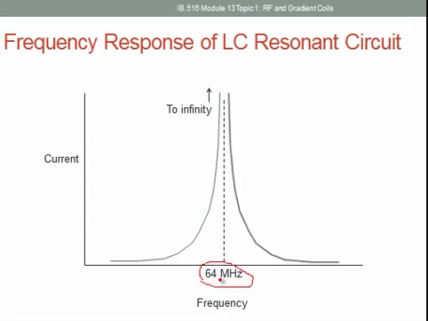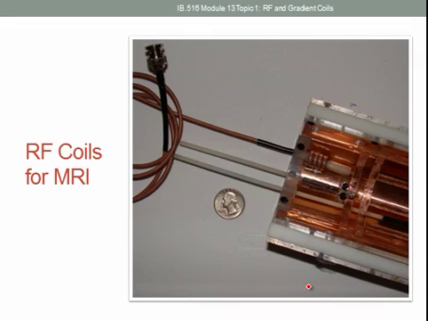So let's say that's our resonance frequency. Then the current, as a function of frequency, would take on this value. Right at resonance, we'd be at infinity, and above it, we would go down. So this is just a frequency response of the LC resonance circuit, where the resonance frequency is 64 megahertz.